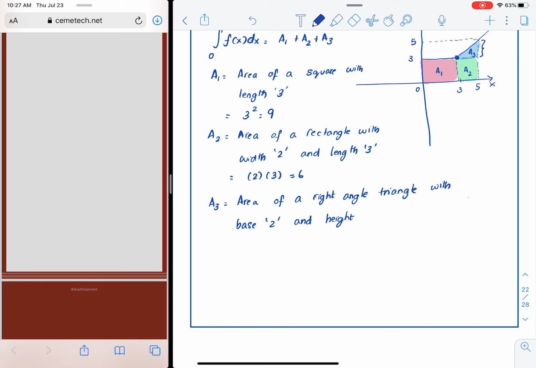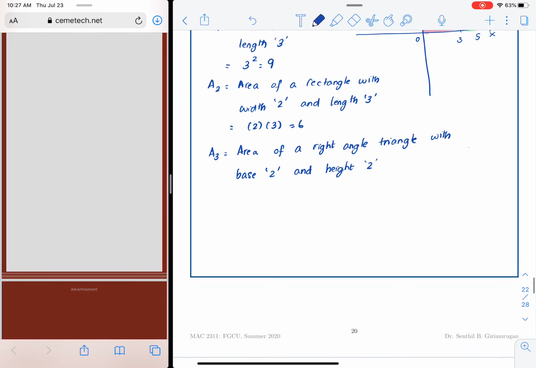So what we have is a height of 2, so one half base times height, we get 2. So the integral from 0 to 5 of f(x) dx is simply 9 plus 6 plus 2, we get 17.